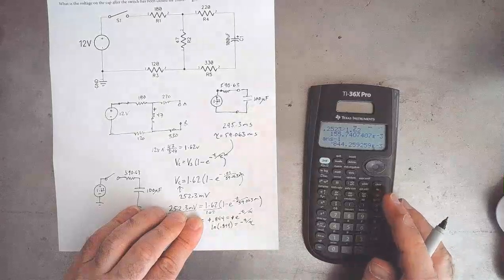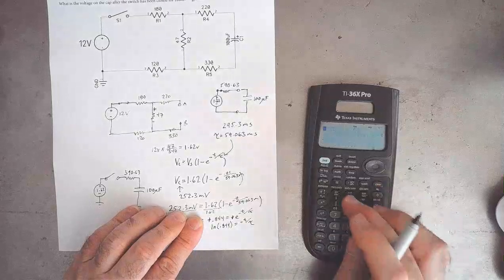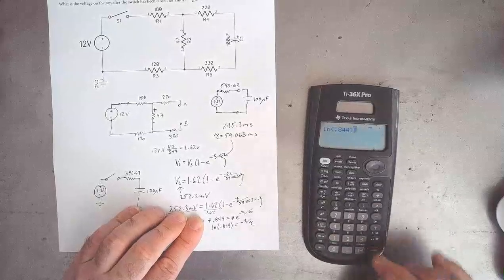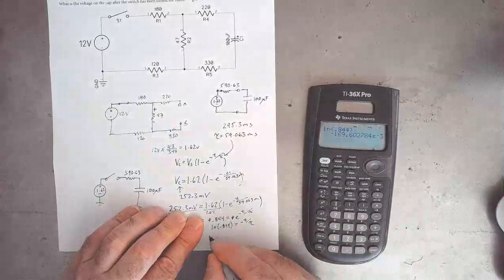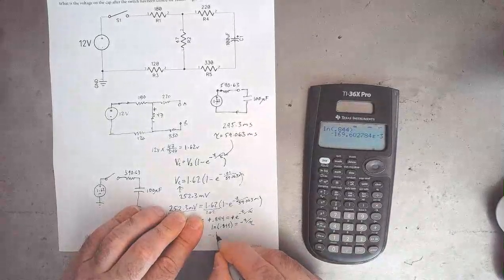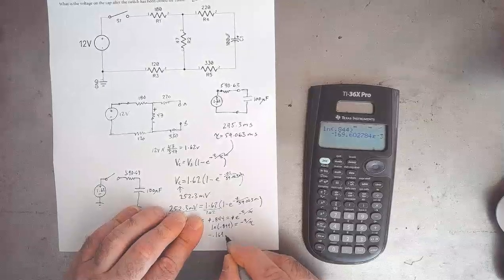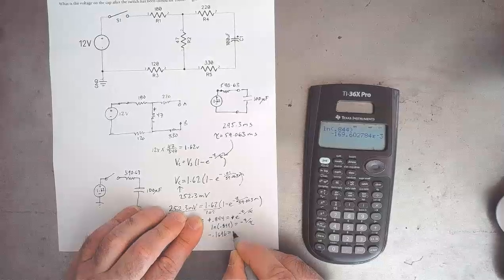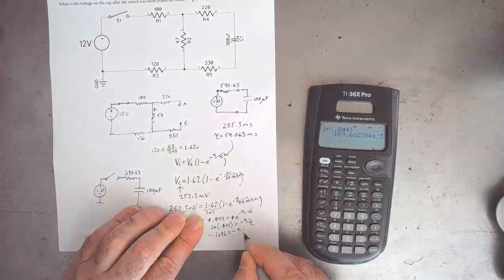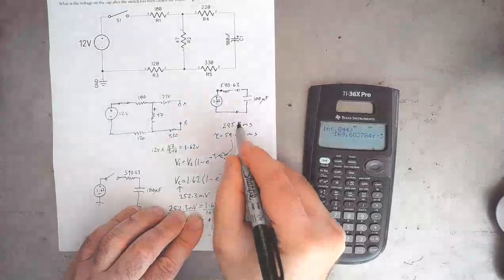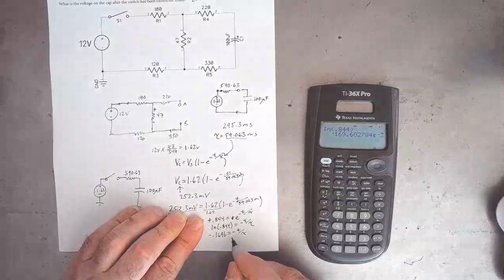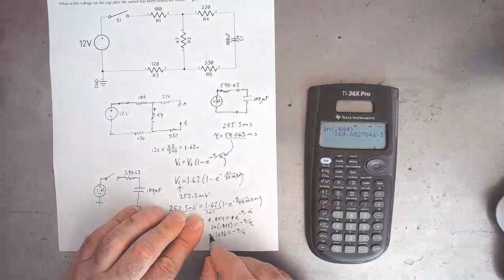And so let's see what ln of 0.844 is. It is minus 0.1696. I'll carry that extra 6, I guess. And that is equal to negative t over tau, which is 59.063 milliseconds right there.